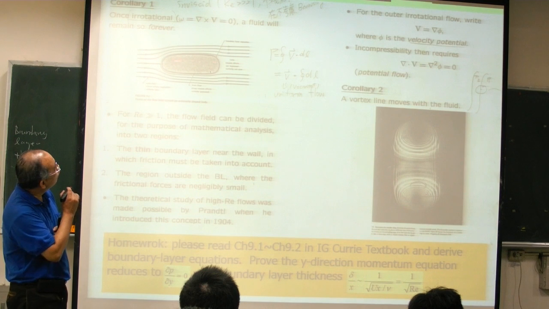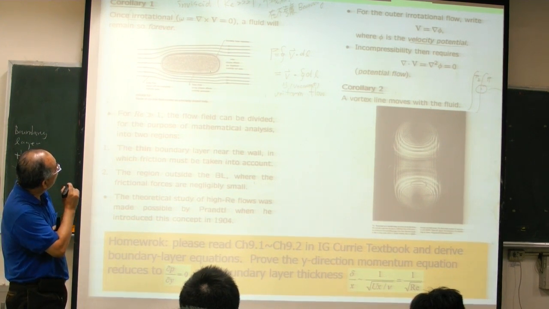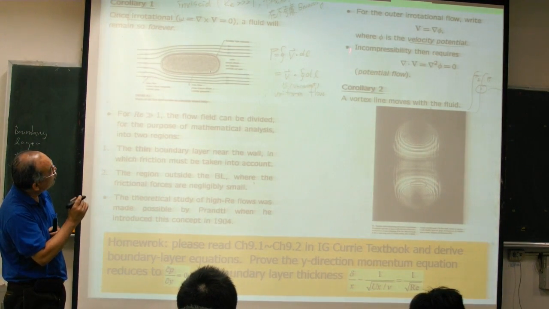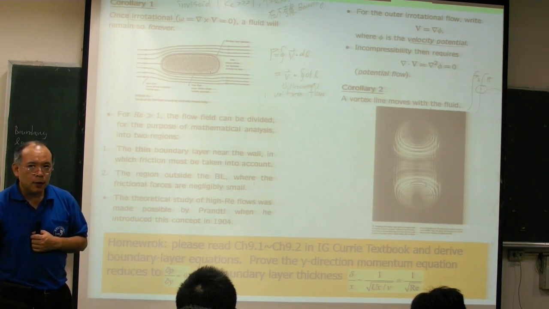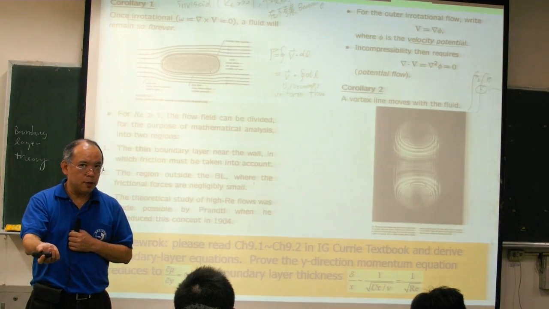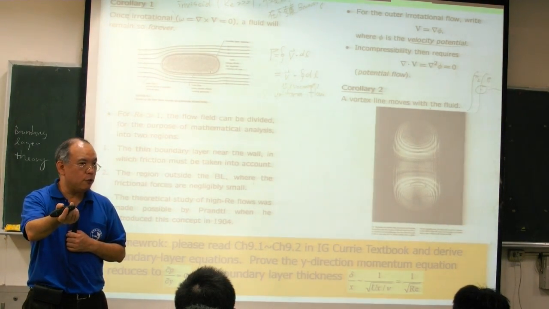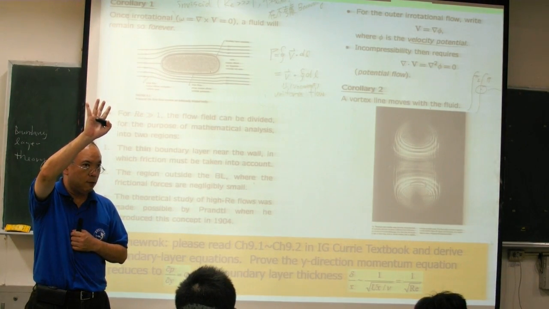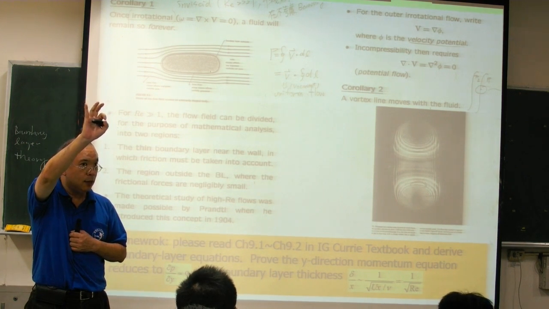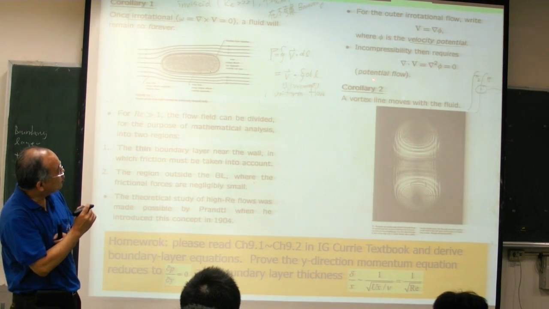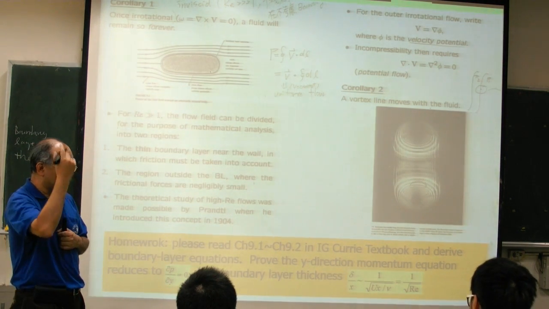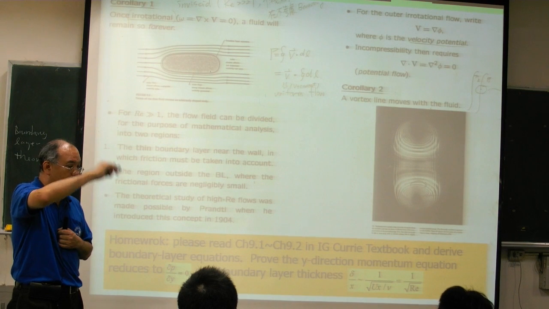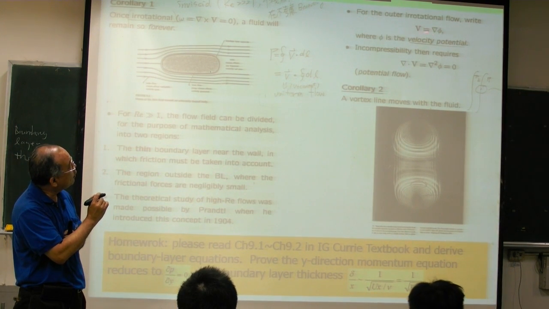In the outer region, for flow over any object, we can deal with the so-called potential flows. You can solve this potential flow equation, the Laplace equation, to give you the velocity potential, and then the velocity field by taking the gradient of this.